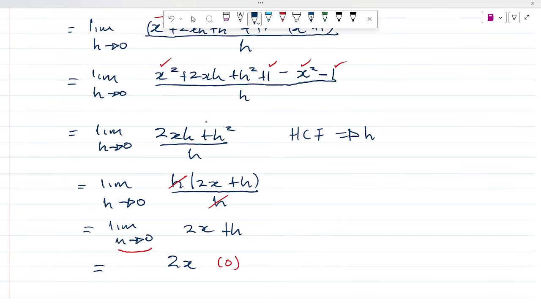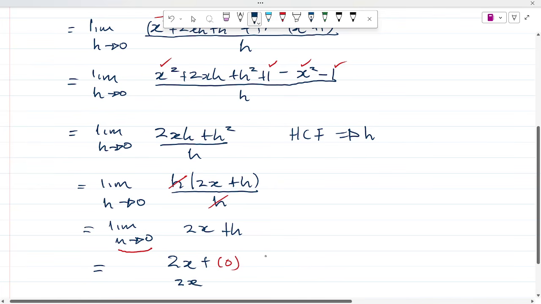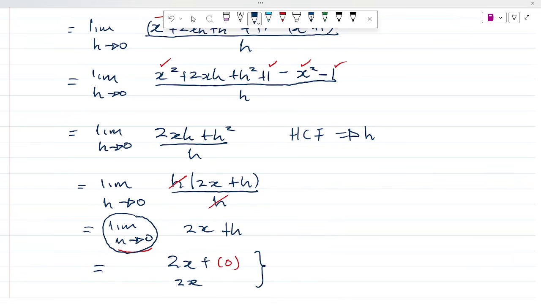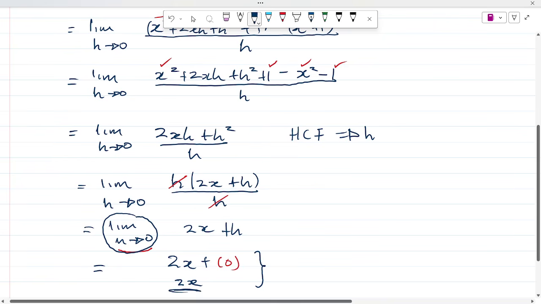It's going to be just 2x plus 0, which will just remain as 2x. And when you are writing your final answer, you are not expected to keep the notation of limits. So our final answer is going to be 2x.